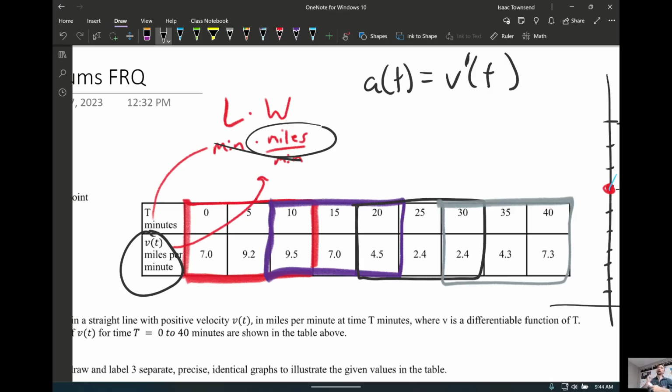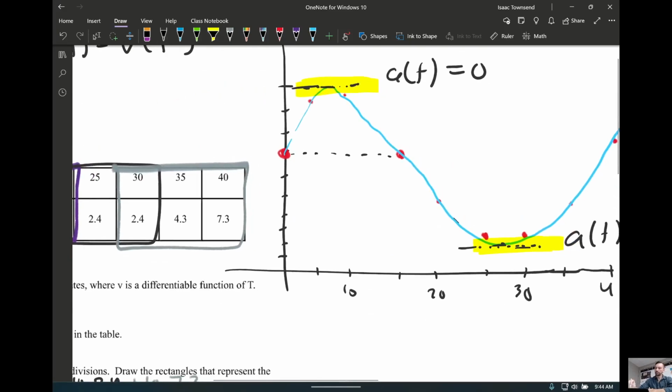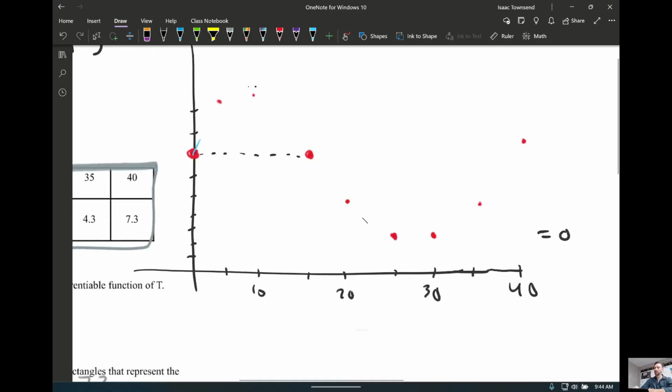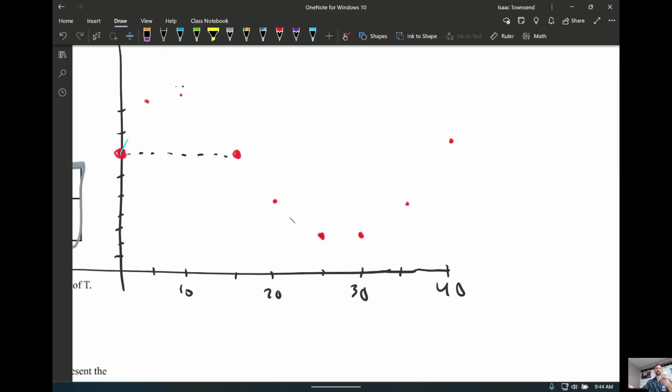I don't think making a graph was really needed for the first 4 questions. However, it does take about 30 seconds to just make a quick sketch, roughly plot those points.